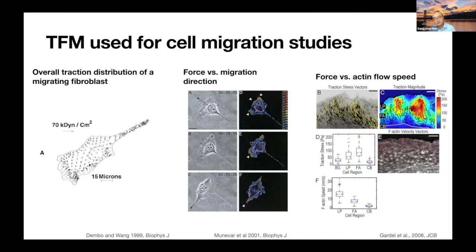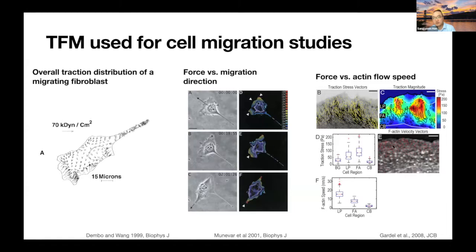Depending on the location compared to the cell front, there's a trend where the focal adhesion region has a high traction force, and the lamellipodia has a relatively intermediate level of force. So they tried to correlate those with the actin velocity. Actin is the cytoskeleton that gives rise to the traction force when transmitted through focal adhesions.